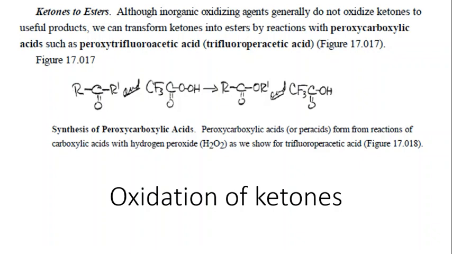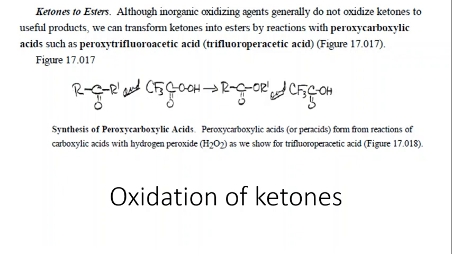Now this is the kind of reagent that can bring about the oxidation of the ketone as well into the respective esters. So ketones can be oxidized and changed into the respective esters using this trifluoroacetic acid.